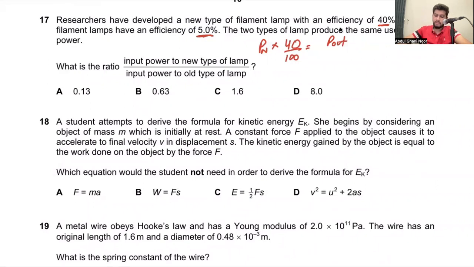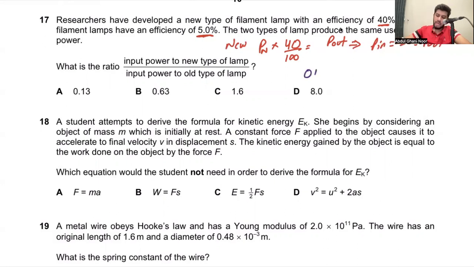I can write P in, sorry, is equal to 2.5 times P out. And this is for the new type of lamp. So I have an equation for input power.